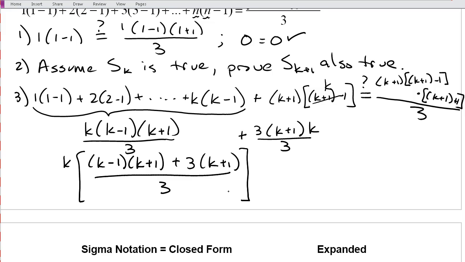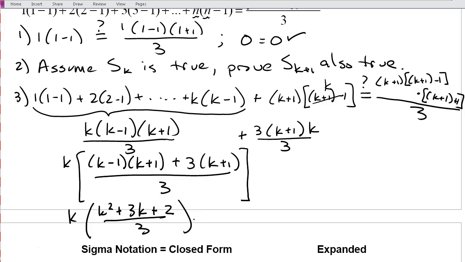And I'm going to skip a couple of steps here just to expedite things. If I FOIL this out and distribute over here, what I'm going to end up with is k times k squared plus 3k plus 2 all over 3.